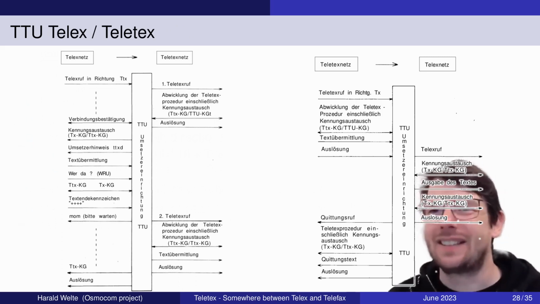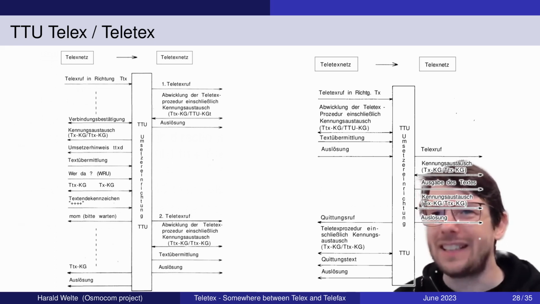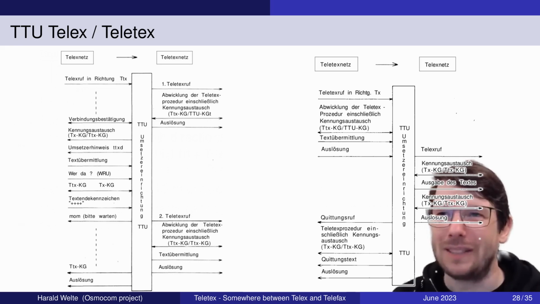Yeah, this is just some ladder diagrams on these two translations from Telex to Teletex and vice versa. What's interesting, to me at least, is that there's some kind of special mnemonics that were sent to the Telex. So for example, you see at this point there is MOM. MOM is for moment, so basically, please wait.